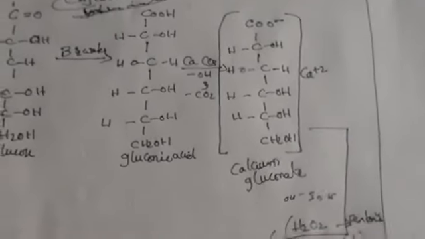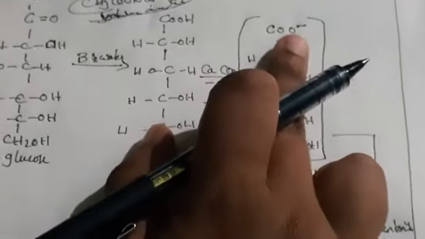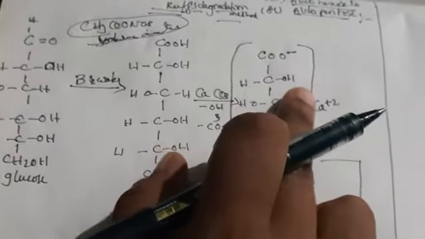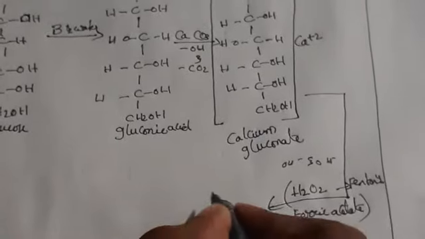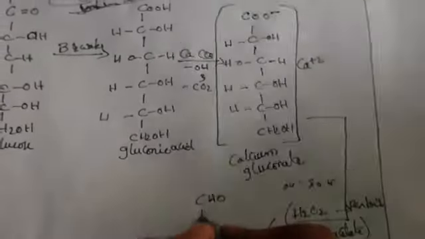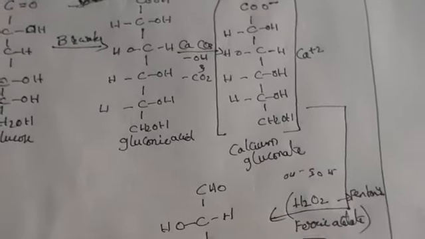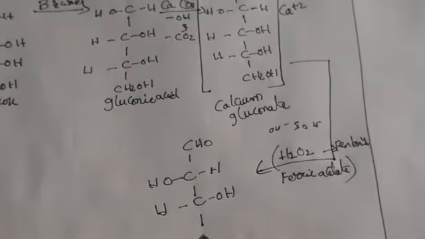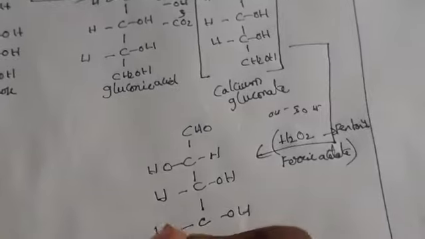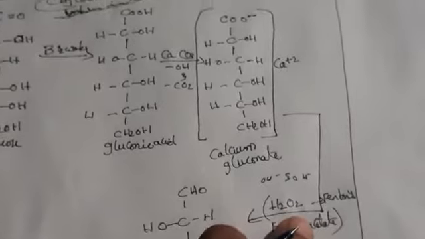H plus will come and add here, COOH will be eliminated and the remaining H will go and add here. So we get CHO, H, OH, OH, H, OH, H, CH2OH.